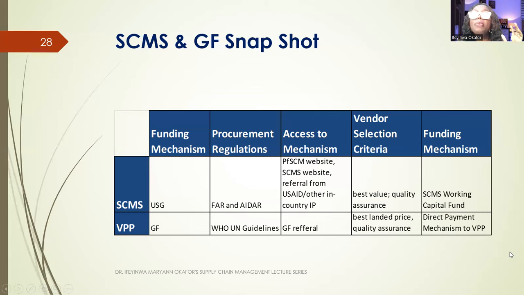It can only be referred by the Global Fund. They do their selection based on best landed price and then quality assurance. They do direct payments, and that is the mechanism for voluntary pooled procurement.